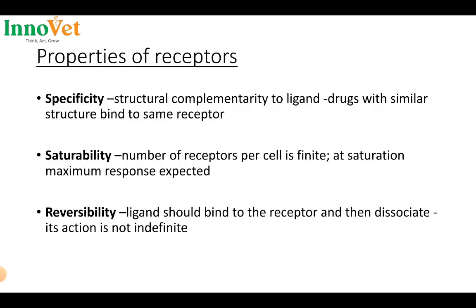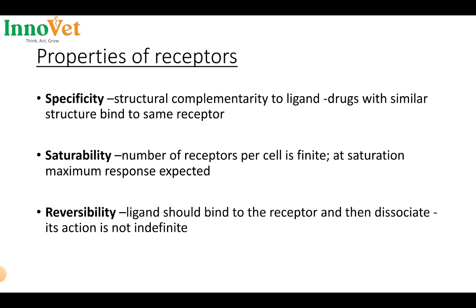So let's look at some of the properties of receptors in general. One of them is that these receptors are specific. That is, there is a structural complementarity to the ligand.